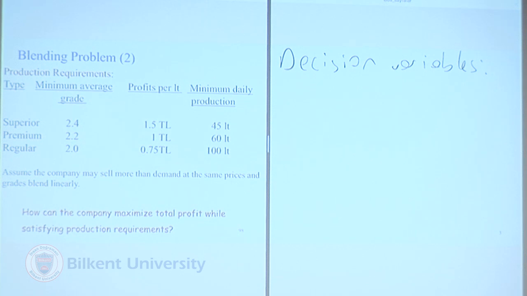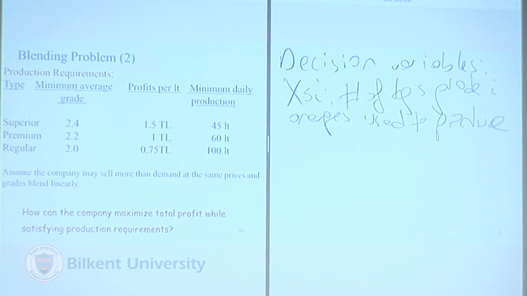So this is how I do it. This time I'm going to write it like this. I'm going to say XSI, number of kilos of grade I oranges used to produce juice S, superior.